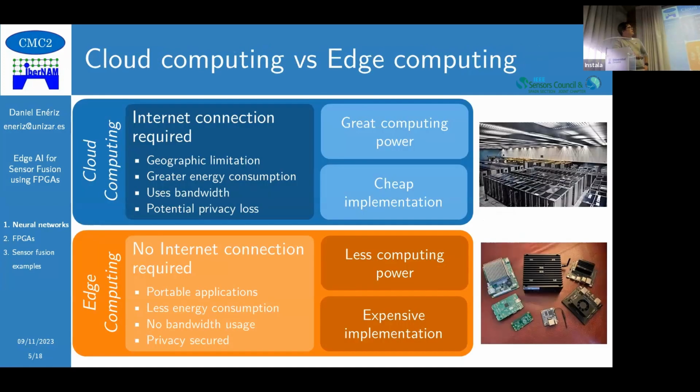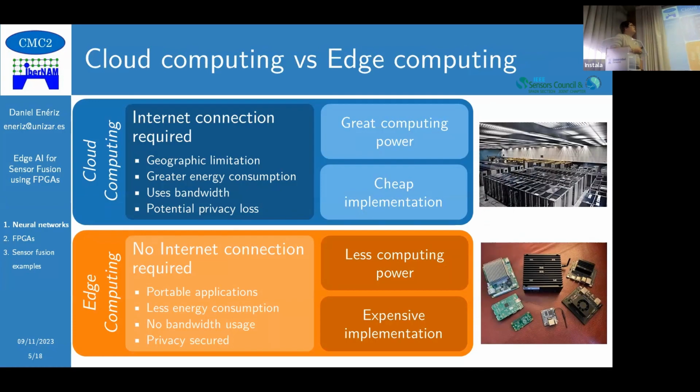This is similar to what the previous speaker told us. In this case, artificial neural networks are also computationally intensive, and for this reason they have traditionally been implemented under the cloud computing paradigm. The idea under this paradigm is to run them on data centers, so you have to upload your input data to the data center and then download the outputs of your model to your application point.